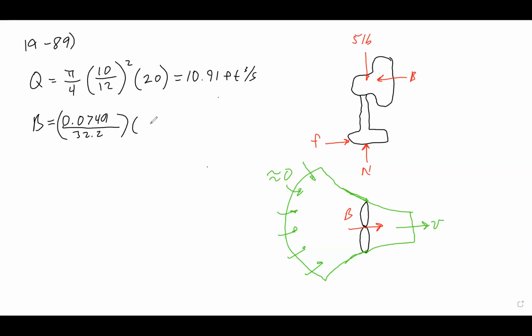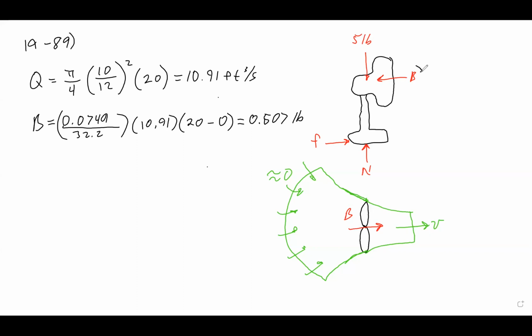And then we have to multiply by the volumetric flow rate, 10.91, and then multiply times the difference in velocity between the inlet and the outlet. Well, that's going to be the 20 feet per second minus the nearly 0 feet per second on the inlet. All right, that calculates out to be 0.507 pounds. So that's the force of the air leaving the fan.